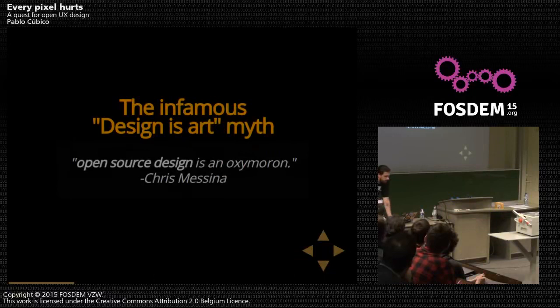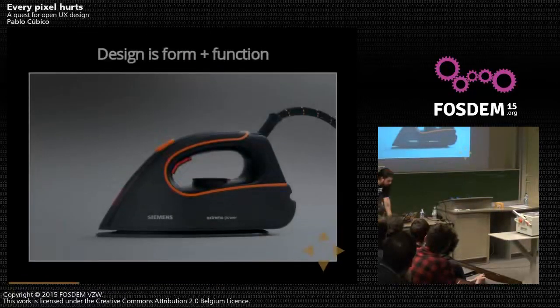So I take industrial design examples because I love it, and I think this is one I like. This is an iron. So you have a style, you have an artistic approach, you have aesthetics.